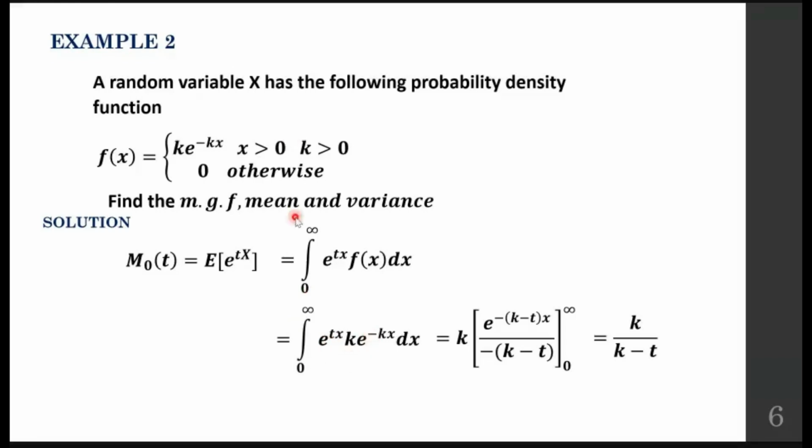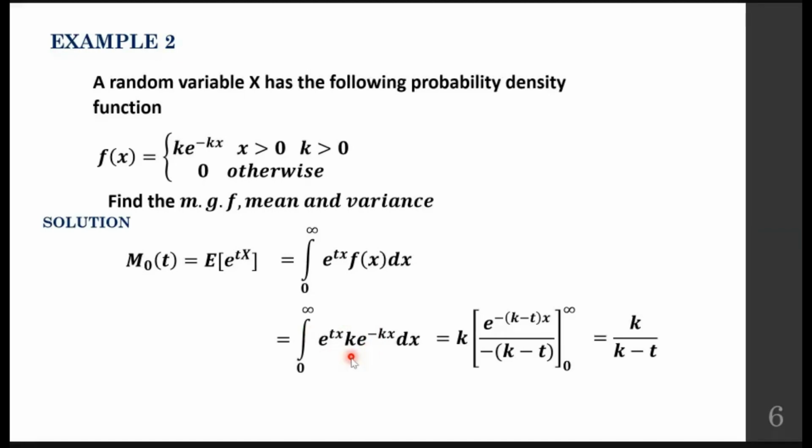Yes, this integration. See, what we are doing is there are two functions of e raised to. K is a constant, we can take k outside. Now we are having two functions in terms of e raised to. Here e raised to tx is there. Here we have e raised to minus kx. So to integrate this, we have to combine the e raised to functions.